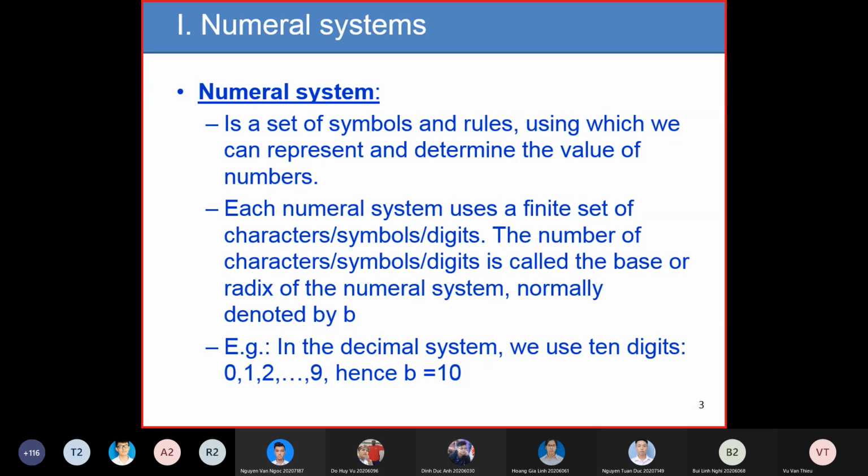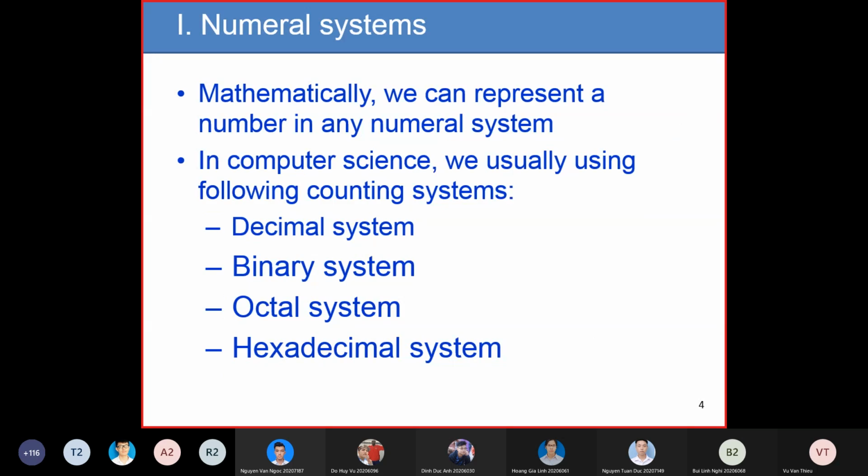This is the system that we use every day. Mathematically, we can represent a number in any numeral system. You can define any system yourself to represent or determine a number.